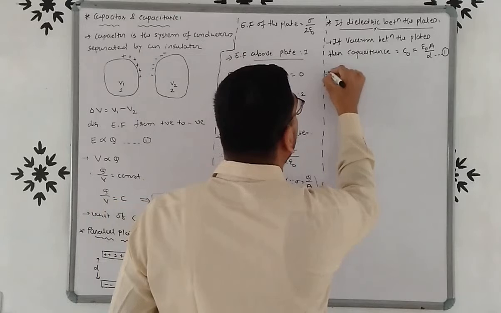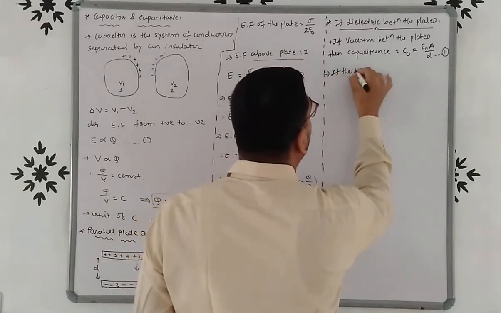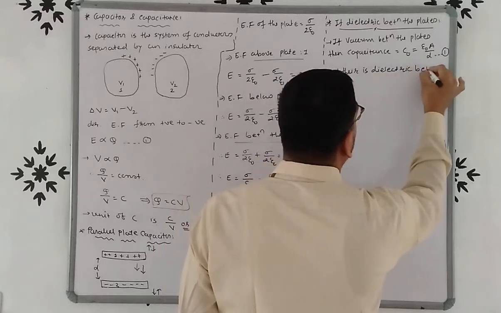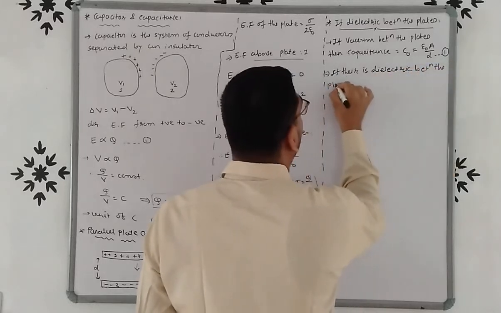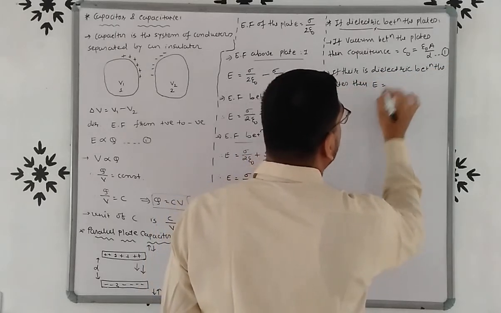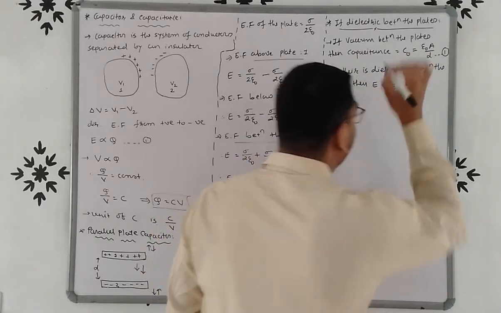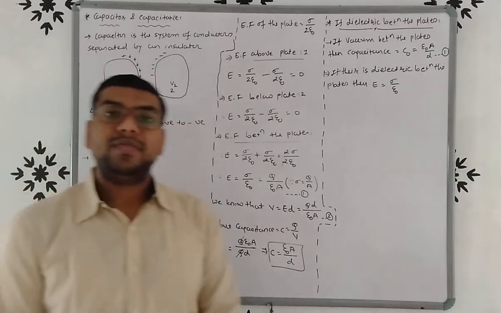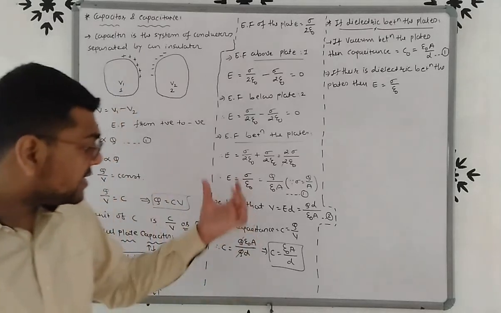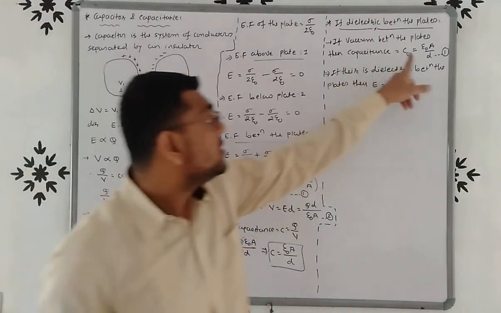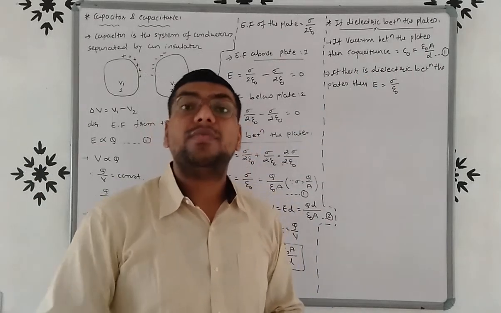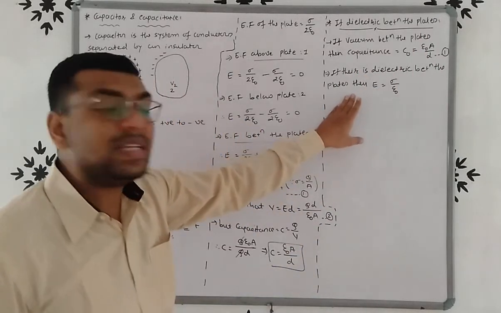So if there is a dielectric between the plates, then for the parallel plate with a vacuum, the capacitance C0 is epsilon 0 A by D. But if there is a dielectric instead of a vacuum, then the electric field will change.